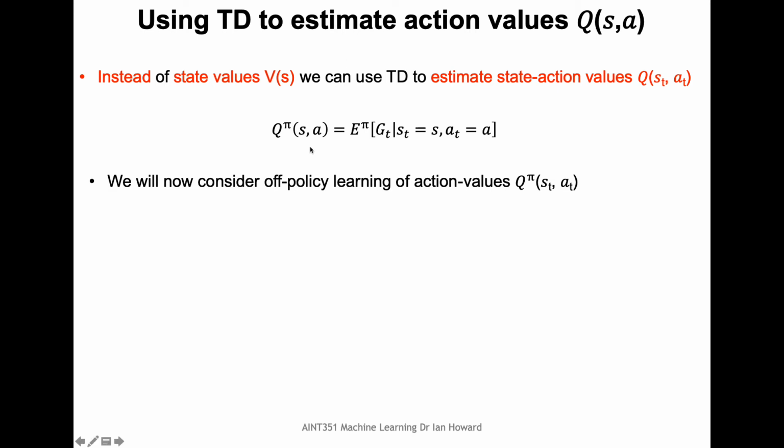So we have to specify what the action is as well in order to get this value. This is the expectation of the gain at a particular state given we do a certain action. And we can consider now how to calculate this update. Because we're going to discuss Q-learning, this is going to be an off-policy method, and we'll explain what that means in a second.